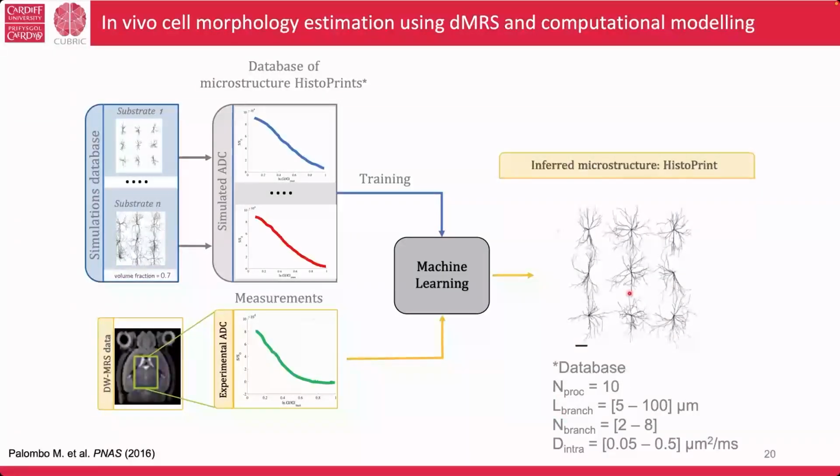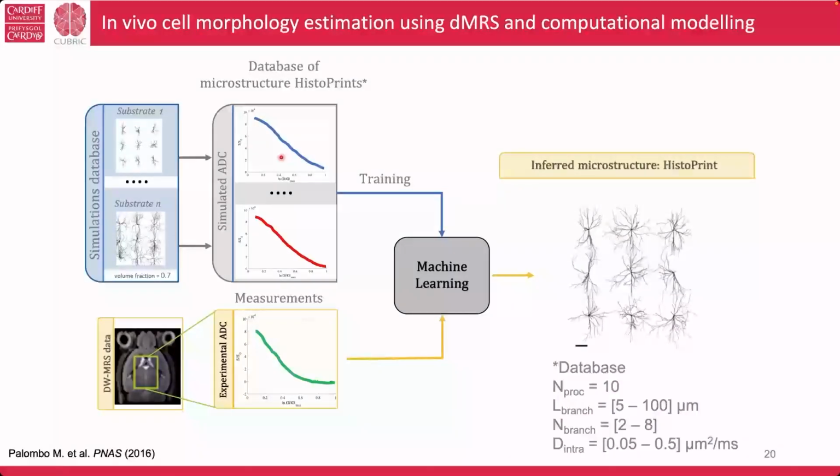And once you have these cells, you can simulate 100,000 spins diffusing inside of each cell with a specific diffusivity. And you can start building a dictionary of these HistoPrints, so the imprinting of the cellular morphology onto our measured diffusion signal.